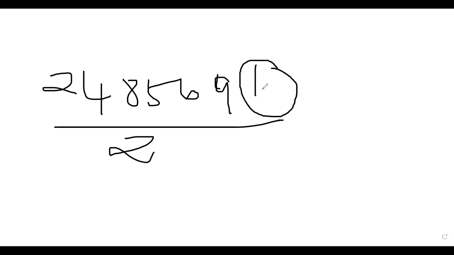But this number in particular is not ending with those numbers. Therefore, the entire number is not divisible by 2. It will be divisible only with some decimal points, so it's not a whole number. You know what a whole number is, right? Okay, so it will not be divisible by 2.